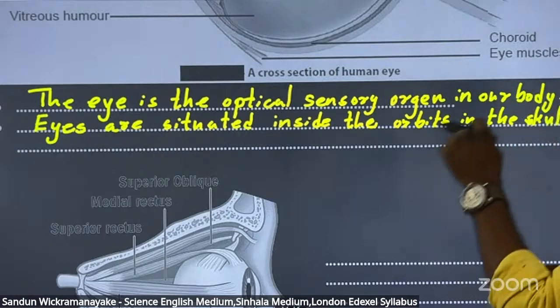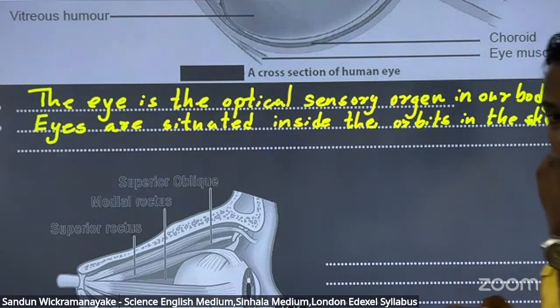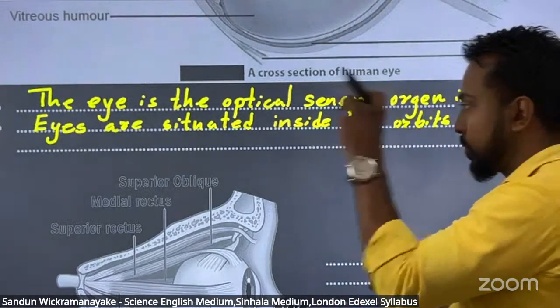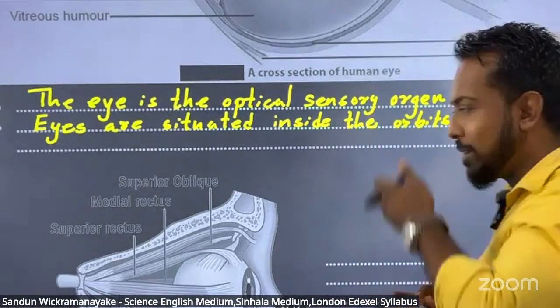You know about it, okay? The orbits. The two holes in the front of the human skull.